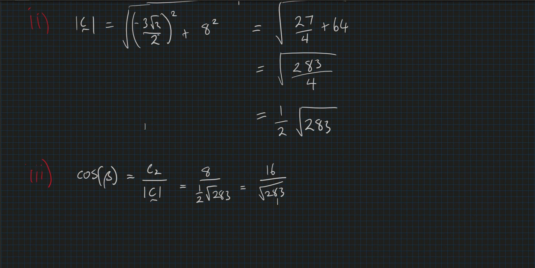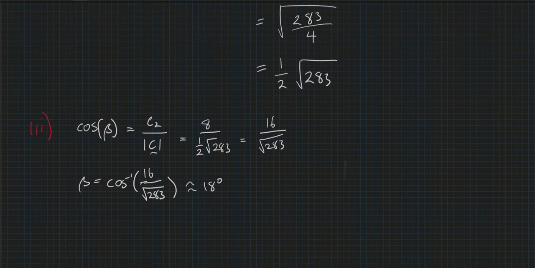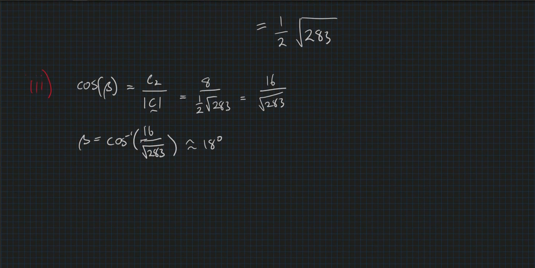All right, so what I worked out there was 18. So that means that beta was cos to the minus 1 of 16 on root 283, which is approximately 18 degrees. So if we think about, as I said, we got our angle here is 18.